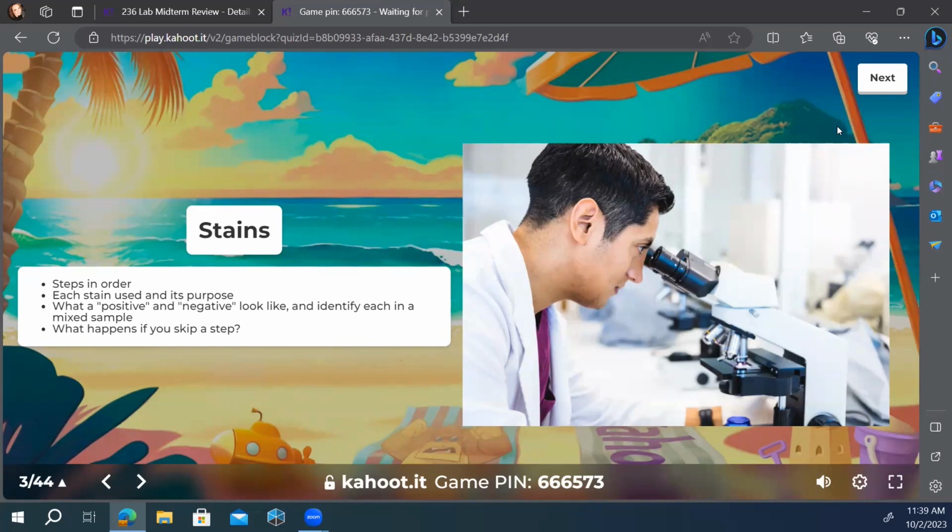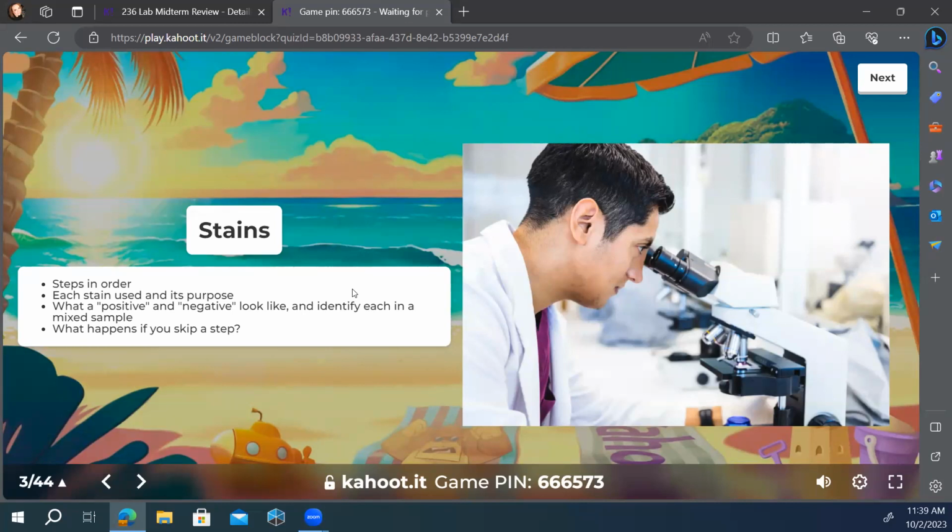And you don't need to know the times. I don't need you to know that it sits for a minute. More just the stains and what each one is used for. Each stain has a purpose, whether we're talking about the acid fast or the gram stain. Each stain is used for a specific reason. I would be aware of that.